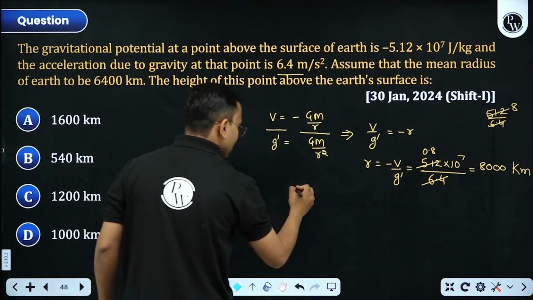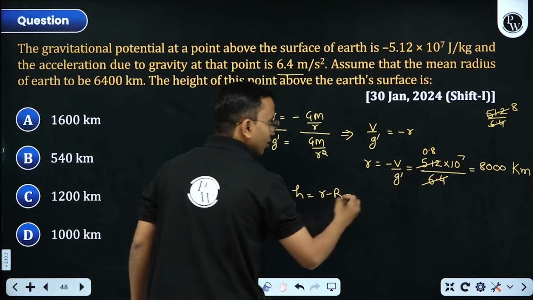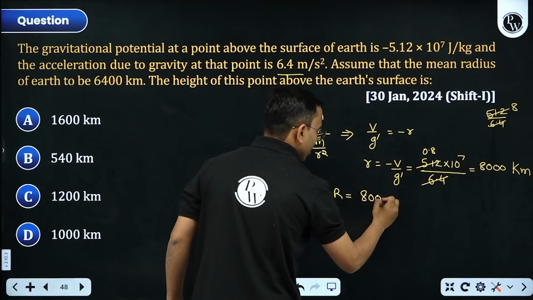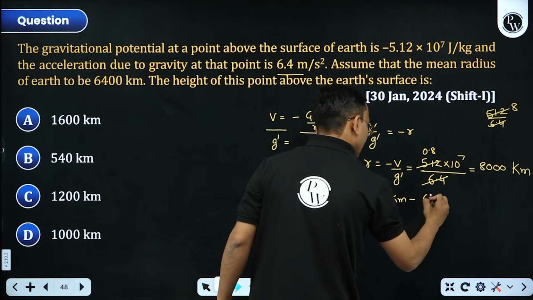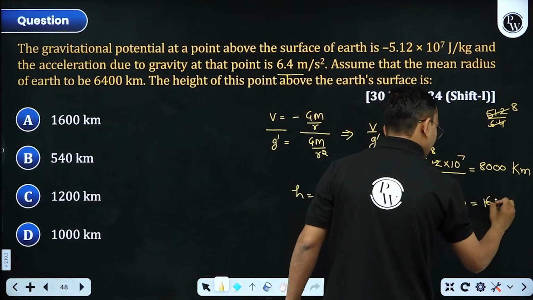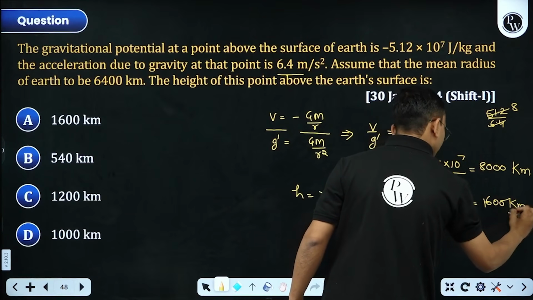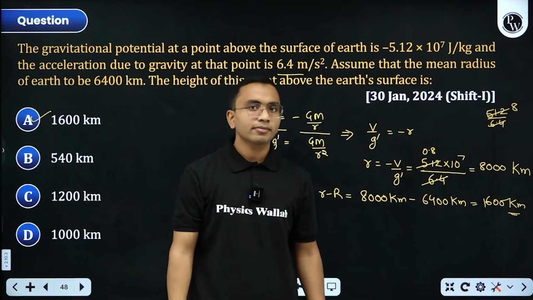So what is height h? Height will be r minus the radius, isn't it? So 8,000 kilometer minus the radius, 6,400 kilometer. This comes out to be 1,600 kilometer.